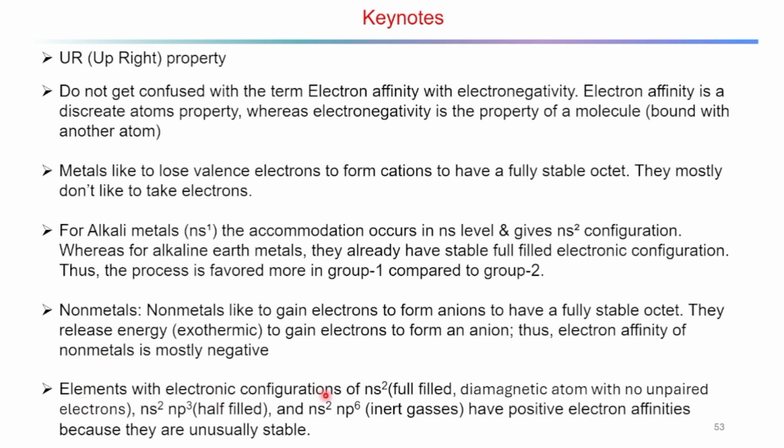Elements with electronic configurations of ns2, full-filled diamagnetic atom with no unpaired electron, ns2np3, that is half-filled, and ns2np6, the inert gases, have positive electron affinities because they are unusually stable. These full-filled and half-filled configurations are very stable. So that's why they have positive electron affinity values. They don't want to take additional electrons.